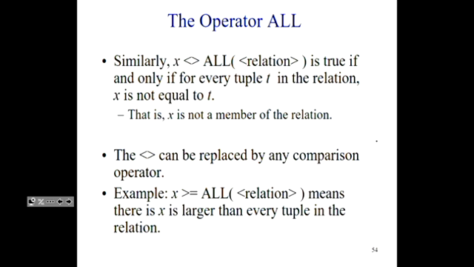So the all operator is true if the condition is satisfied for all of the tuples in that relation. So once again, it's x op all and then relation. And this is true if x operator t is true for all t in relation.